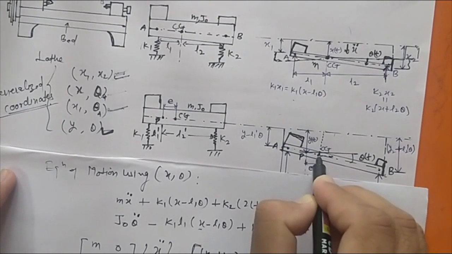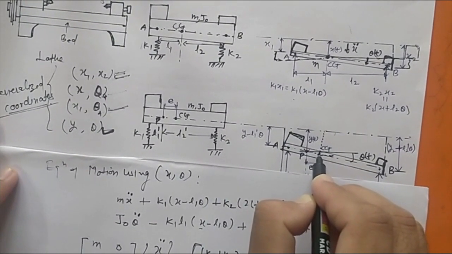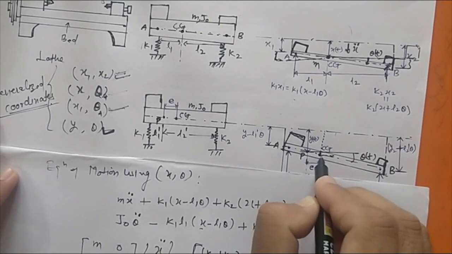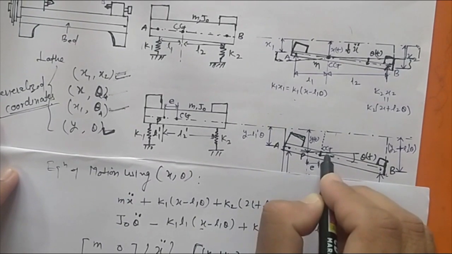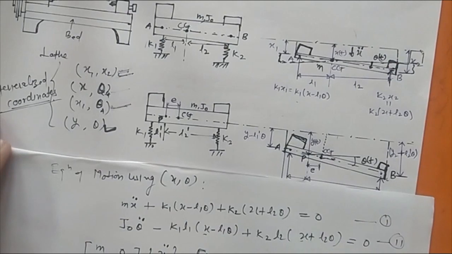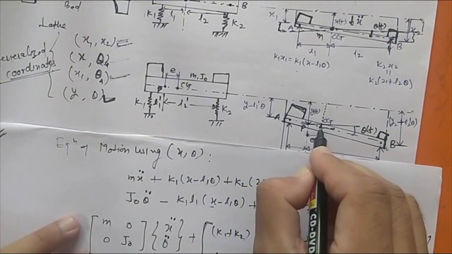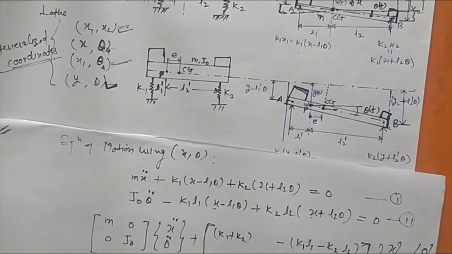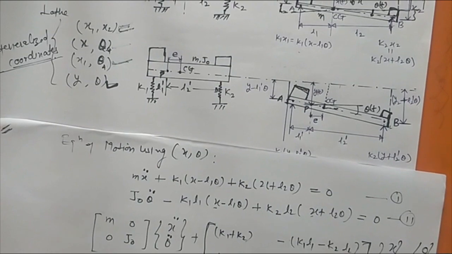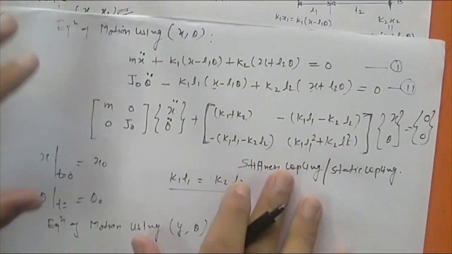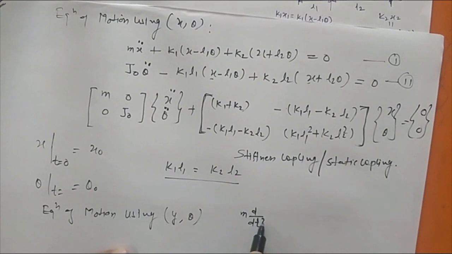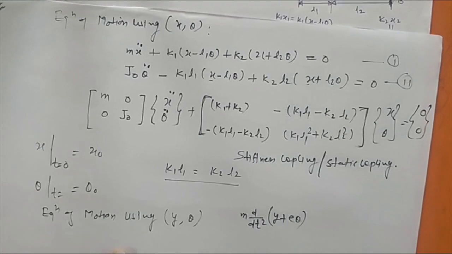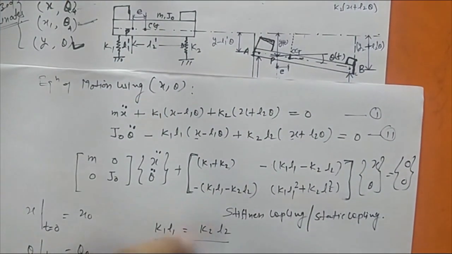If this is the displacement, then there would be an inertia force in the upward direction, which would be m multiplied by d square by dt square of y plus E theta. So there would be an upward force at this point, m d square by dt square of y plus E theta.